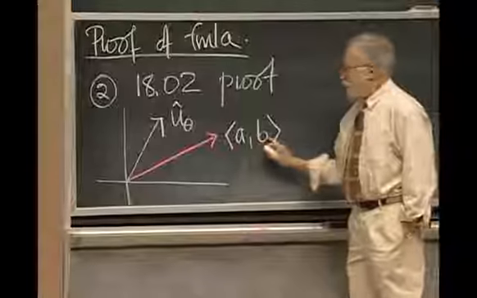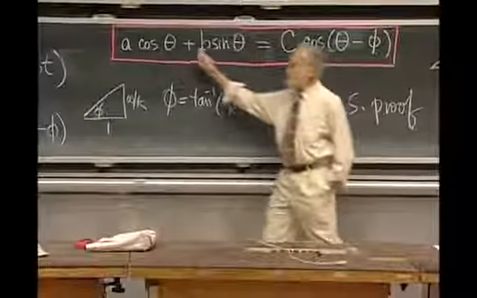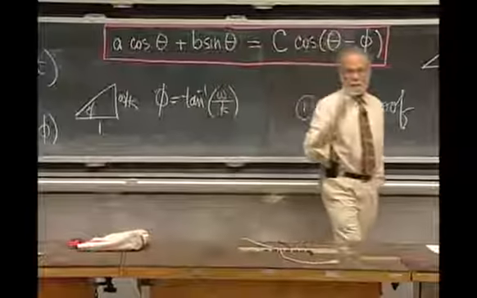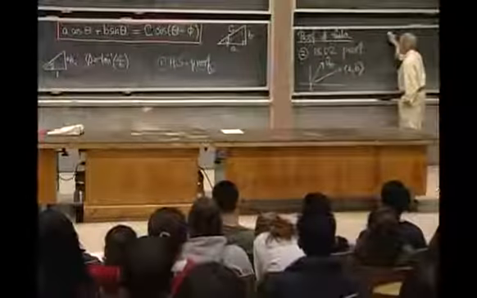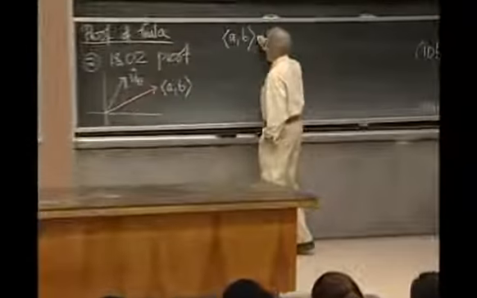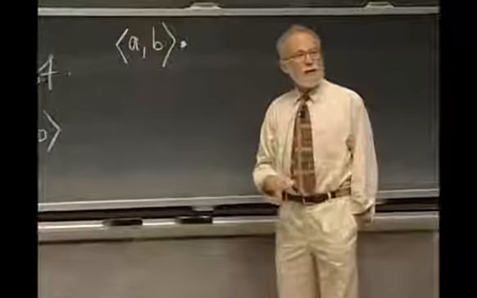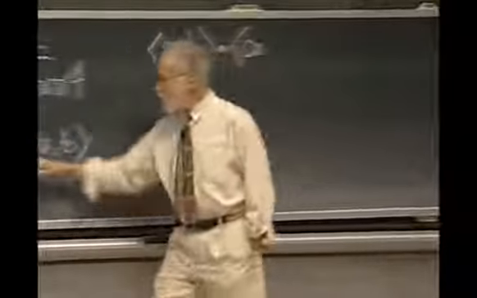Now, the reason for doing that is because you see that the left-hand side is a dot product of 2 vectors. The left-hand side of the identity is the dot product of the vector AB with the vector whose components are cosine theta and sine theta. That's what I'm calling this unit vector.